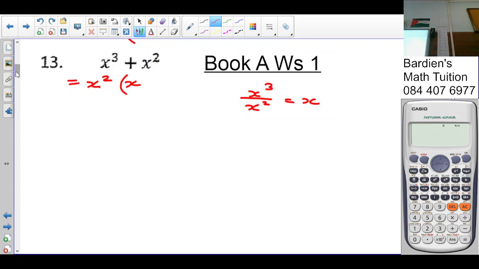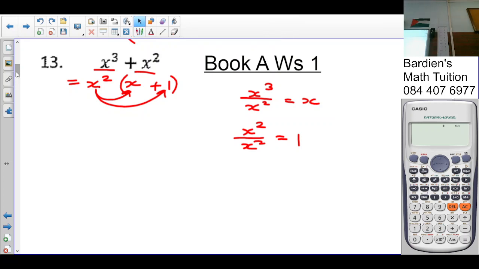So what is x squared divided by x squared? Okay, you guys understand? Any confusion? Okay, test it if it's correct. X squared times x, x cubed. X squared times 1, x squared. Do you guys understand? Who doesn't understand? Yes? Any questions?